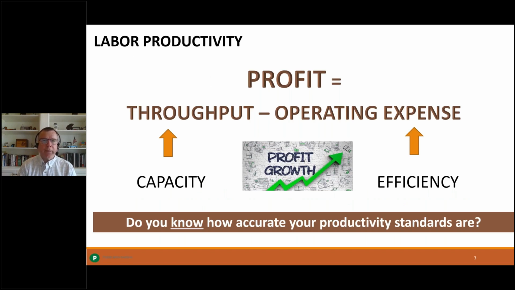Most of us are in for-profit organizations, and we're focused intently on our throughput and our operating expenses. That means we have to have a good handle on our capacity and our efficiency. For those of you in a situation where profits are fairly stable, and you don't need to monitor your capacity and efficiency as closely, I would say just wait, things are about to change.